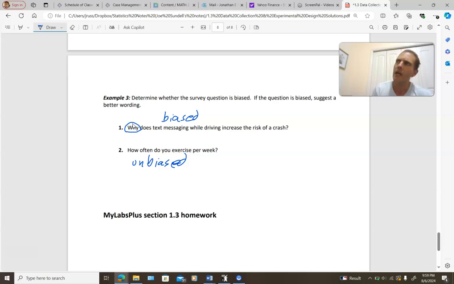Or I think you have to even be careful with how, because if you say, how does text messaging while driving, that also kind of suggests that it already does. So I think just the question, does text messaging while driving increase the risk of a crash, would be unbiased. And I'm not going to write out the whole sentence. But anyway.